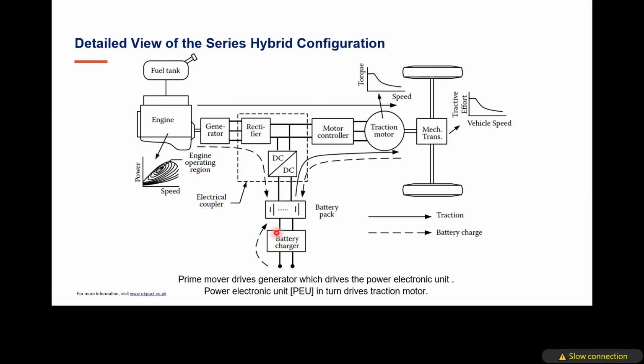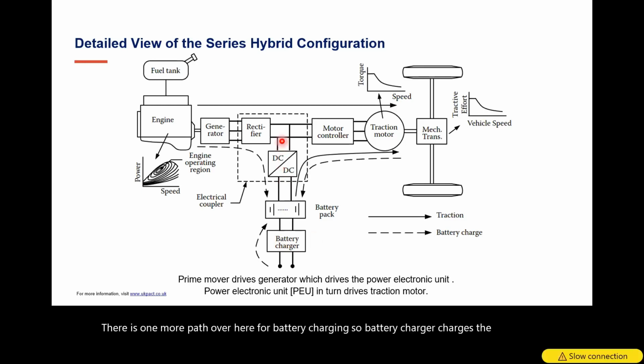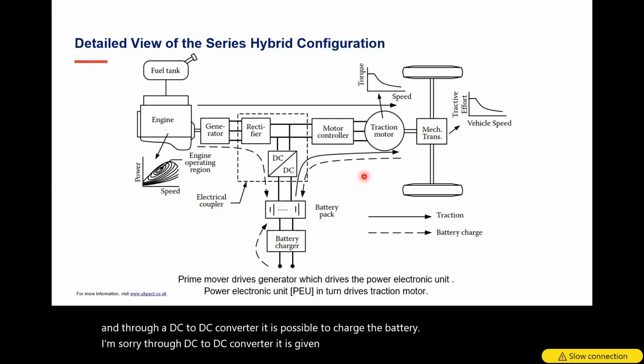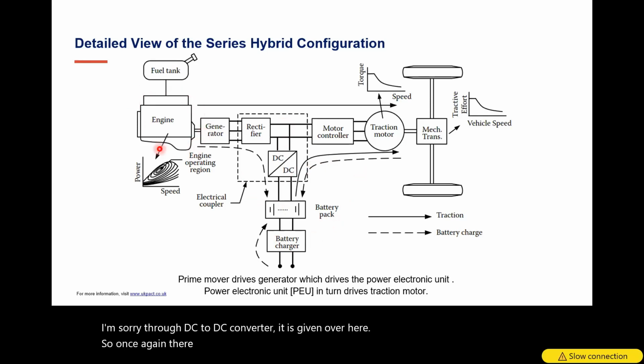The battery charger charges the battery, and through a DC to DC converter it is given over here. So once again, there is no direct coupling between the output of the engine and the traction motor.